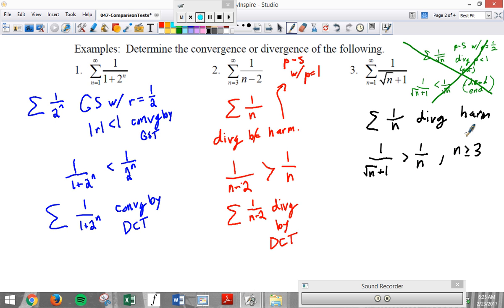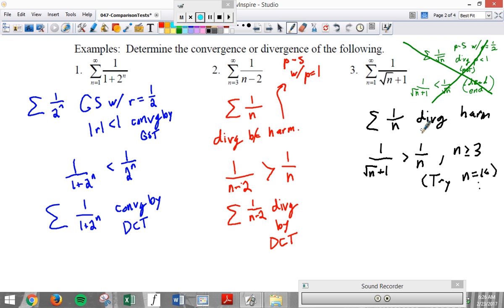n equals 16. Root 16 plus 1, 4 plus 1. 1/5 versus 1/16. Okay? This is definitely smaller. Try n equals all the squares you can think of.